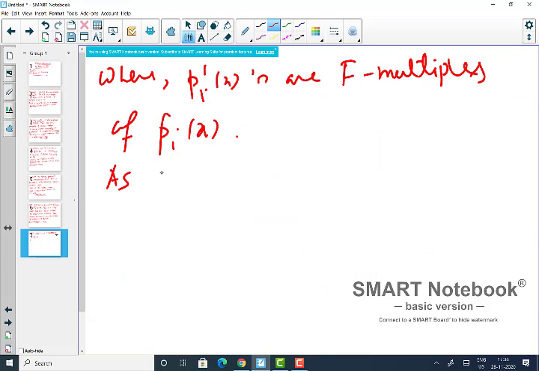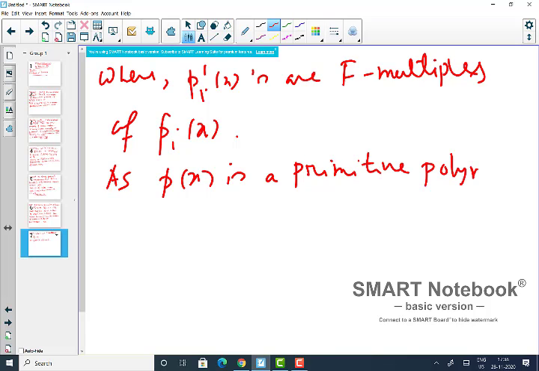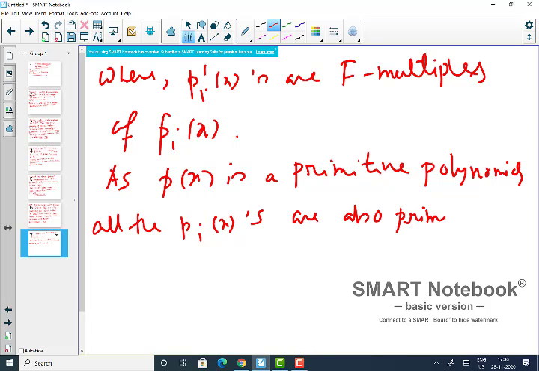As P(x) is a primitive polynomial, all the Pi(x) are also primitive polynomials. Clear?